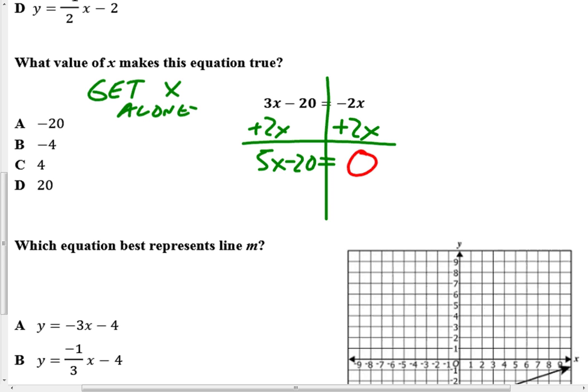Now solve for x, get it by itself. What do I do? That goes away. 5x equals 20. How do you get rid of the 5? Divide by 5.